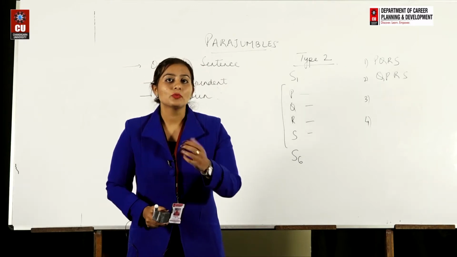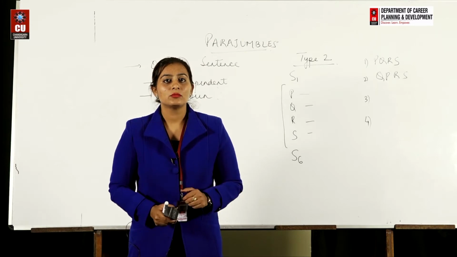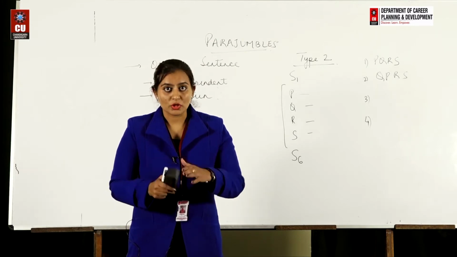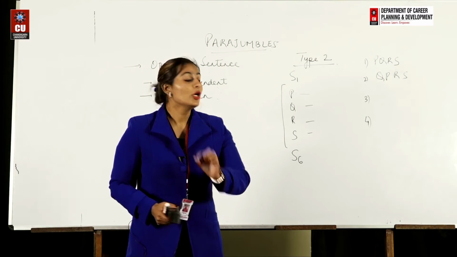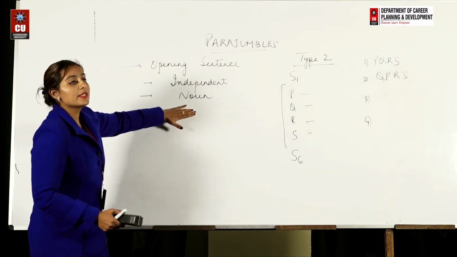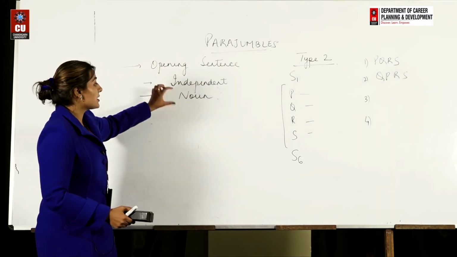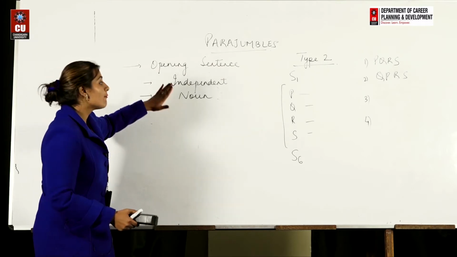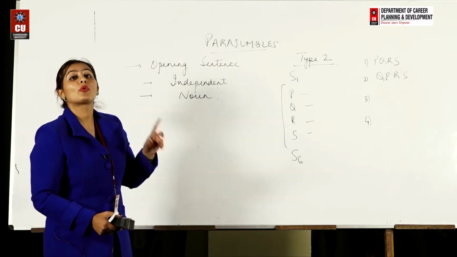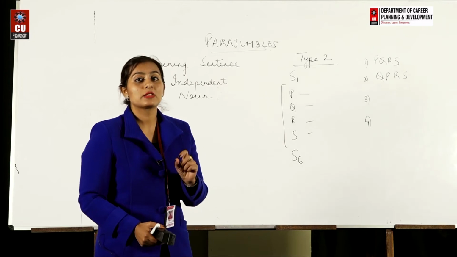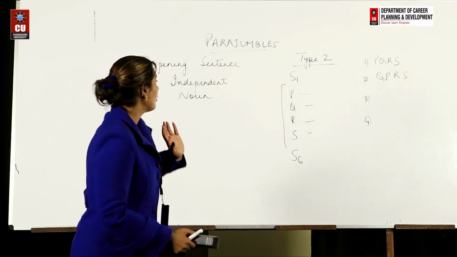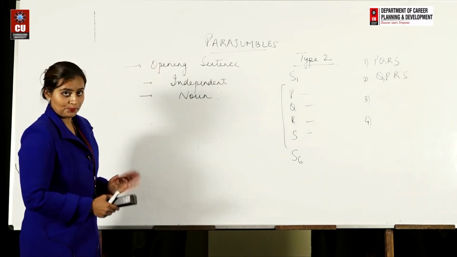Like if I say, he is coming, you will ask, who is coming? So generally the sentence which has the noun comes first before the pronoun, because a pronoun itself takes the place of a noun.